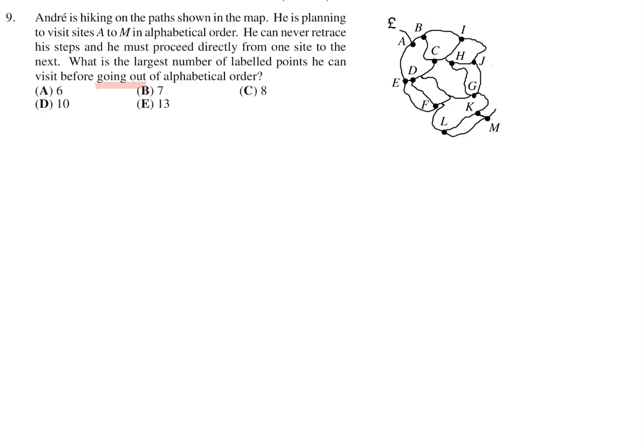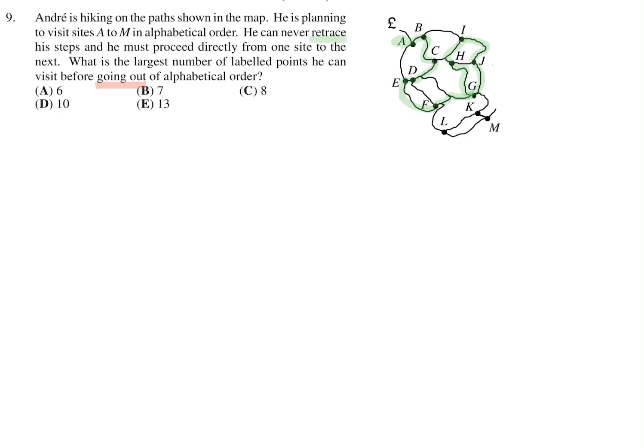All right, let's see what we get. Start at A here, and we go to B, then C, D, E, F, G, H, I, and then J. So far we have not retraced our steps, but watch what happens when you attempt to go from J to K. We go back and hit G. So we have placed our foot right back on G, and at that point we have indeed retraced our steps.